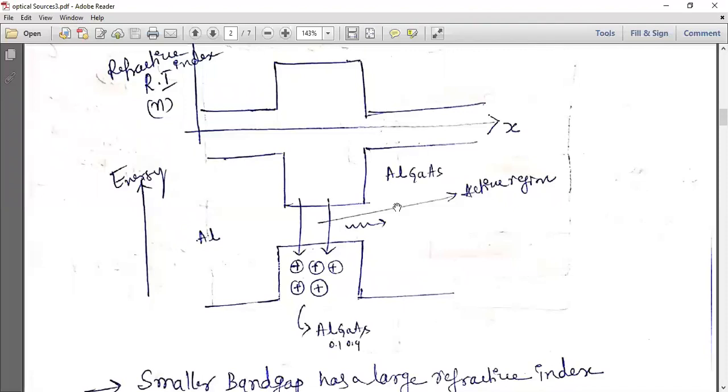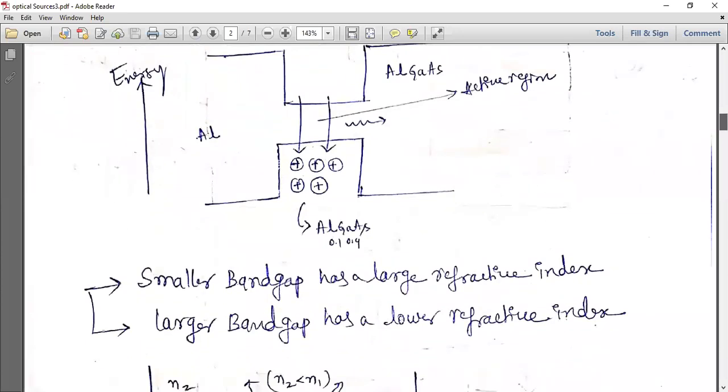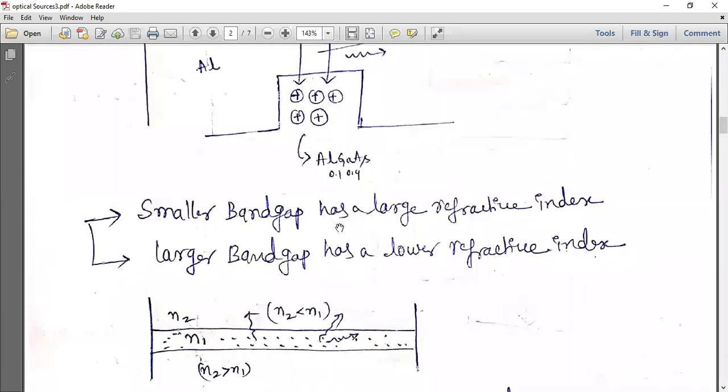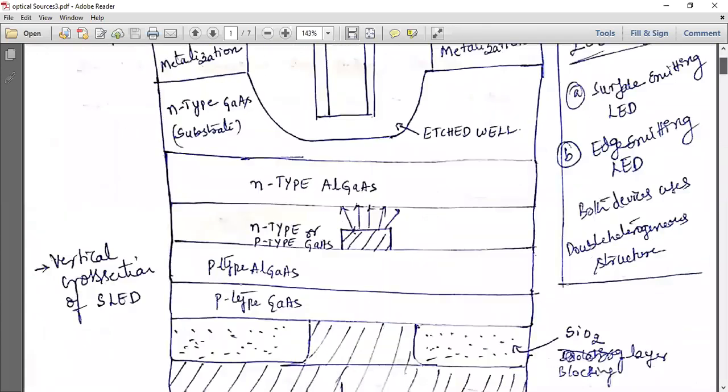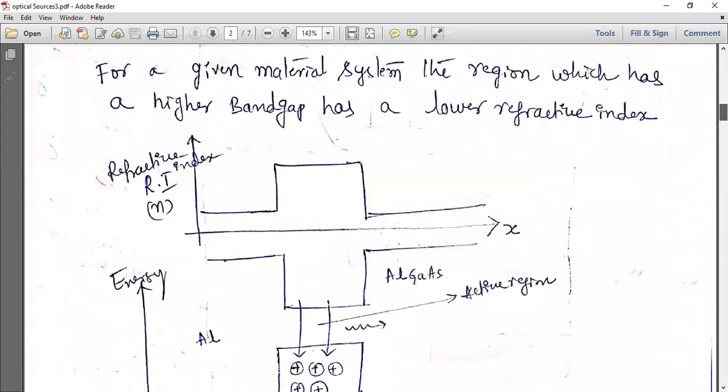Always write this diagram along with your energy band diagram: refractive index with respect to x, and energy with respect to this. A smaller band gap energy has a large refractive index, and a larger band gap has a lower refractive index. So the generation of your light is explained with respect to this refractive index.